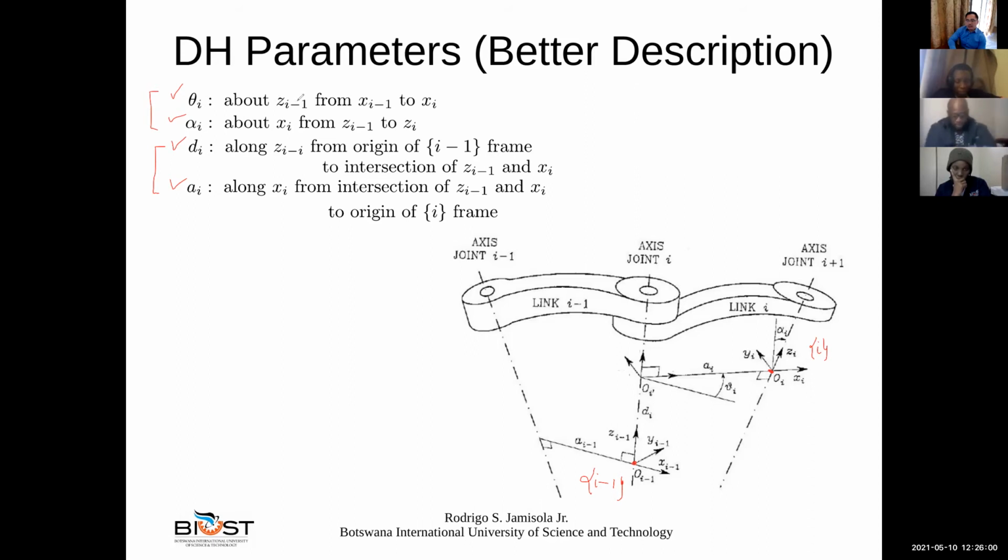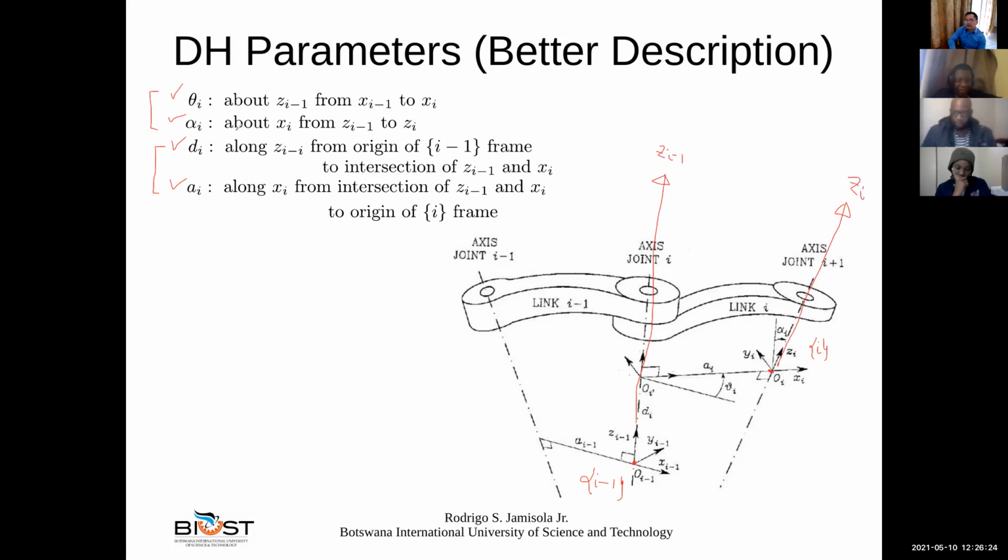So theta I, when you say about, it is a rotation about zi minus 1. So where is zi minus 1? We have defined this to be our zi minus 1. Let's concentrate on this one now. We have two frames, frame I minus 1 and frame I. This is your zi.